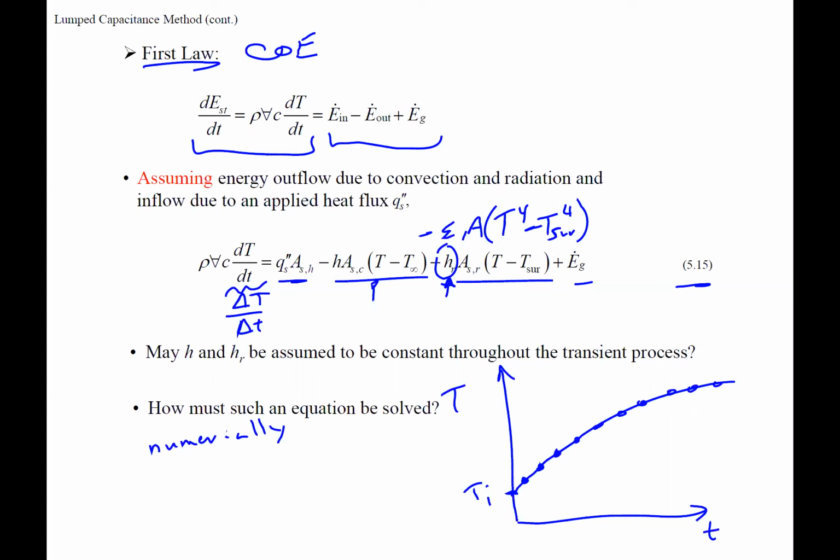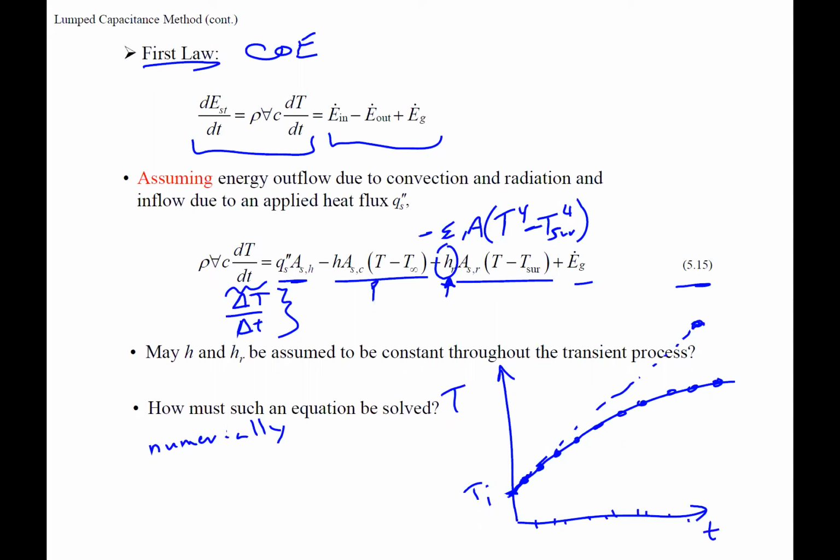We can't jump from here to here because we would have this delta T over delta t, which is kind of a slope. If we approximate it with just one step, that would be solving from here to here. You see it's not linear, it's nonlinear. So you have to do a step-based solution where you march through time.